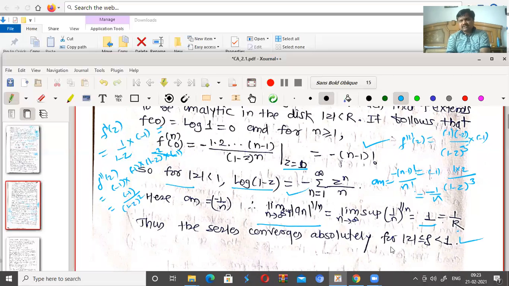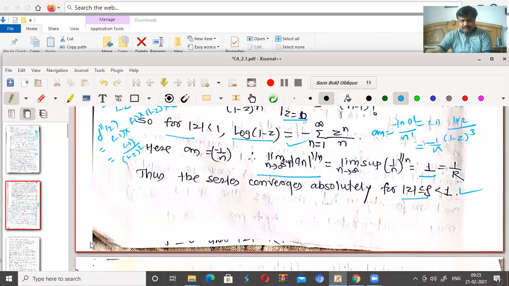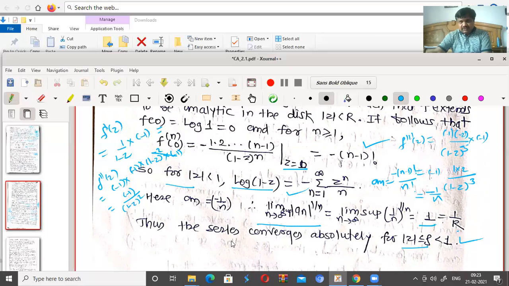That is, the series converges absolutely for mod z less than or equal to rho, which is strictly less than 1. We don't know what happens at mod z equal to 1. So for mod z equal to 1, this becomes 1 by n, which diverges.